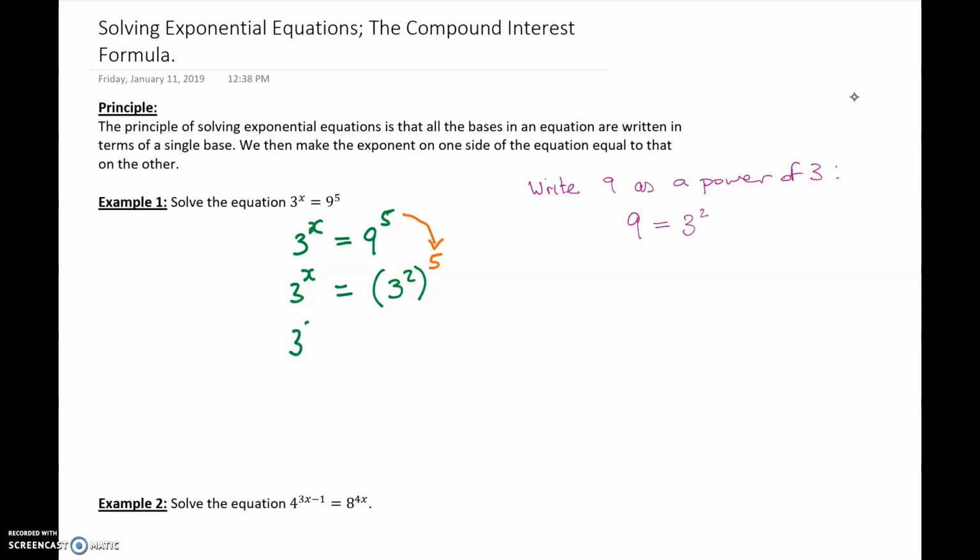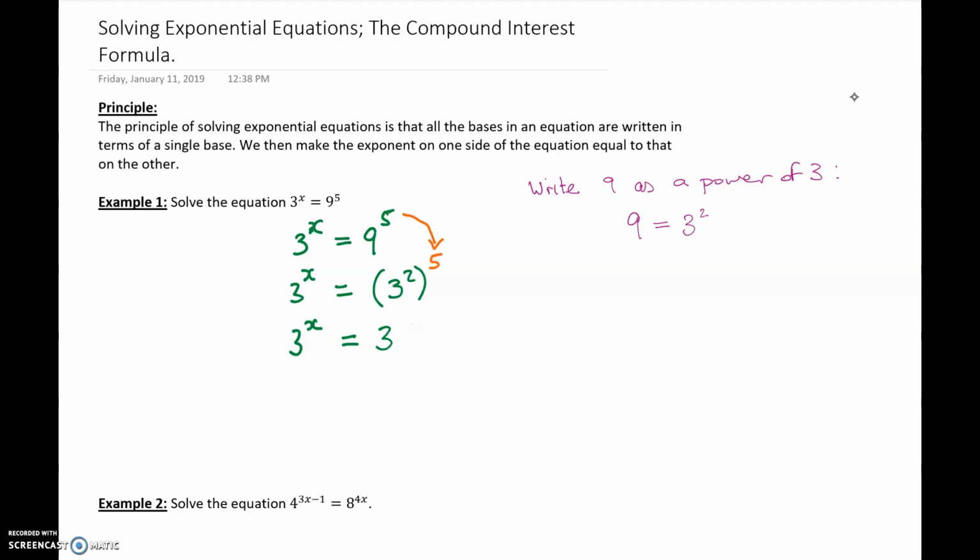On the left, we still have 3 to the power of x. Now, over on the right-hand side, we have an outside power and an inside power. We talked about this a long time ago. What do you do with exponents if you have an inside power and an outside power? You multiply them. So we're going to multiply the 2 times the 5, which would be 10.